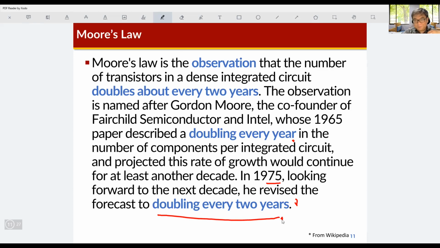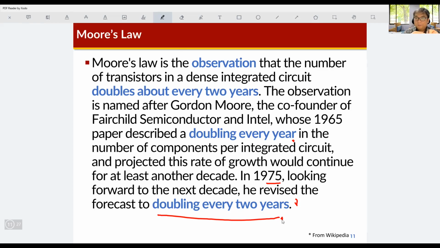Okay. But why is Moore's law so important in the computer architecture field? Let's think about the customer side. If we are a customer and we want to purchase a new computer system, you expect that the performance of the new computer system should be better than the performance of an old computer system, right?